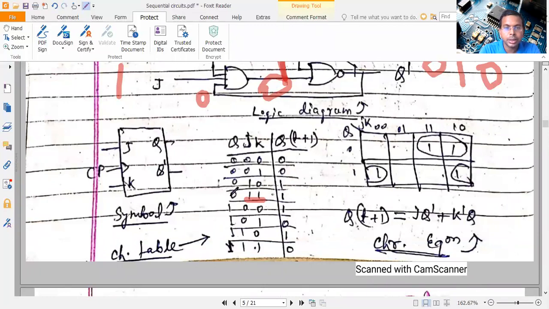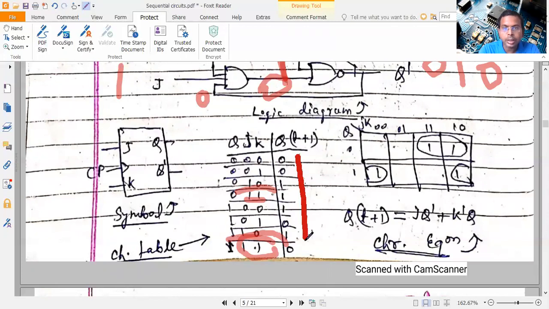So present state was 0. Both are applied 1, 1. So it's 1. So what is this condition? You can see it is toggling. When both the inputs are 1 and present state is 0, it toggles to 1, and when both the JK inputs are 1, present state 1 is changed to 0. So this both 1, 1 is called the toggle, both 0 is called the no change condition, 0, 1 is called the reset condition, 1, 0 is called the set condition.